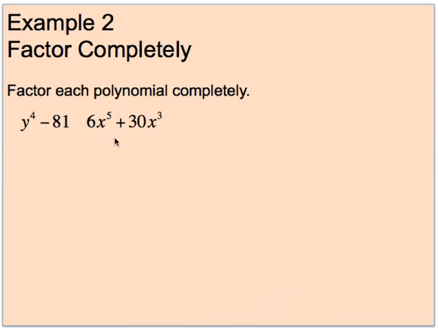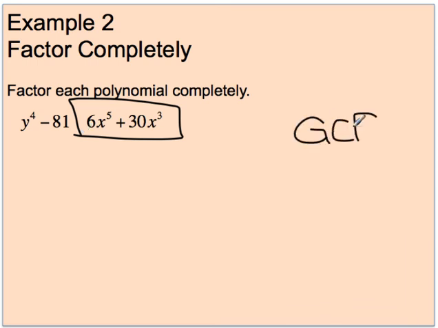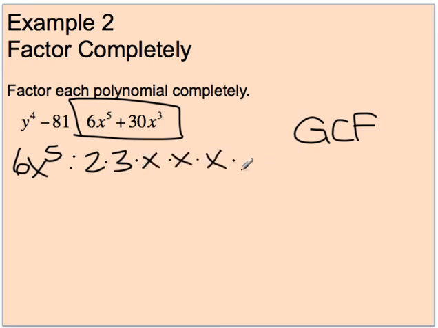So now let's take a look at our second example. The first thing that we want to think here is greatest common factor. So we have 6x to the 5th, which is 2 times 3 and then 5 x's. And we have 30x to the 3rd.